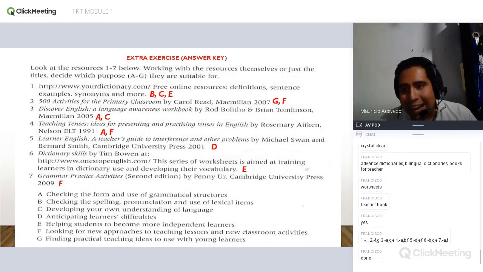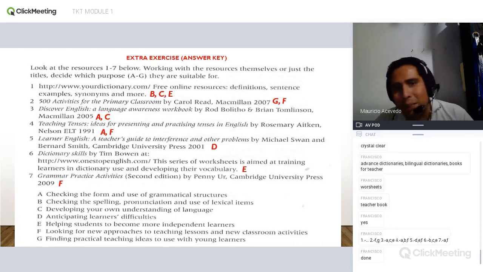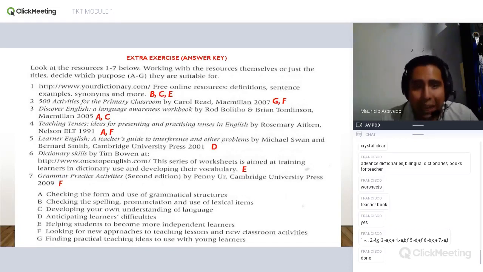Number four, it's A and F. You wrote B also, teaching tenses, ideas for presenting and practicing tenses in English. Checking the spelling, but not exactly, because it says tenses. Maybe lexical items, but I don't think pronunciation because it's more focused on grammar.